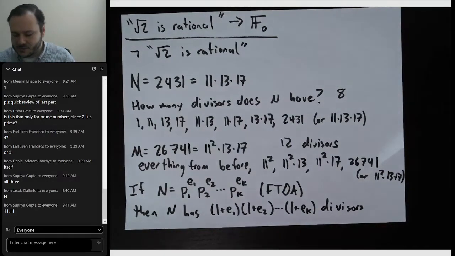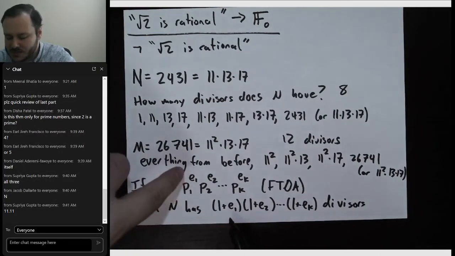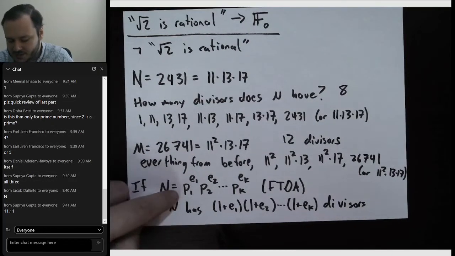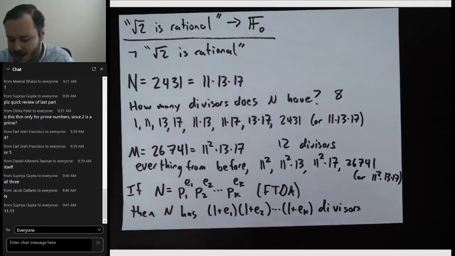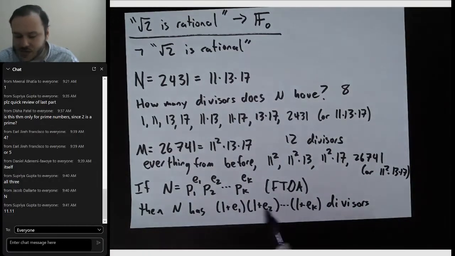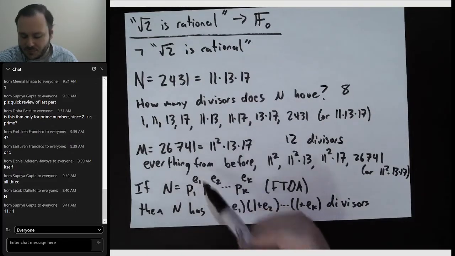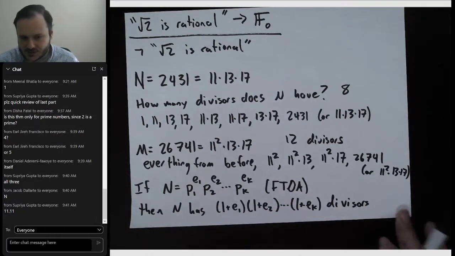Because I can pick 0 or 1 or 2 or 3 all the way up to e1 copies of p1, and I can pick 0 or 1 or 2 or 3 all the way up to e2 copies of p2. For each prime number, I get the number of that prime plus 1 options to choose from.